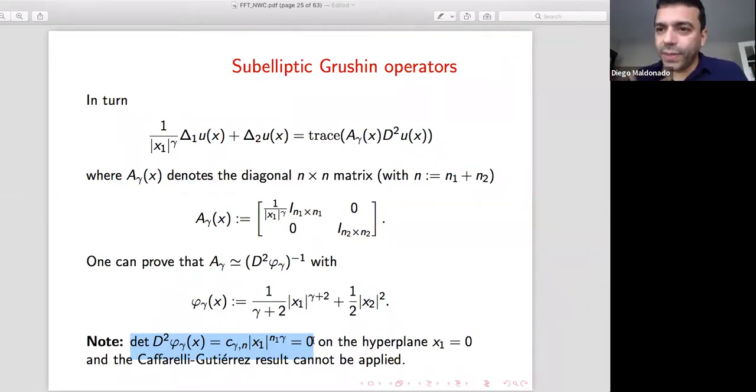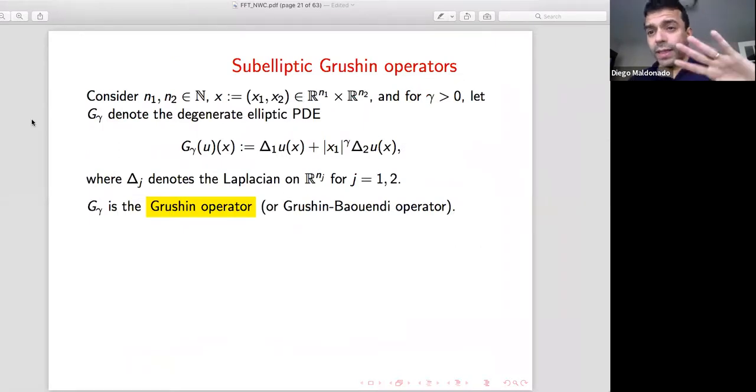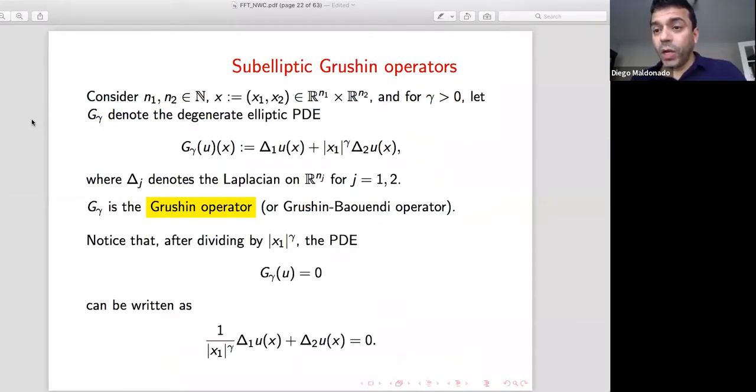And that keeps us from using the Caffarelli-Gutierrez theorem, because you see here, the crucial assumption is that the determinant of the Hessian be positive everywhere. So, so close to fitting this sub-elliptic operator that has a whole machinery behind it.